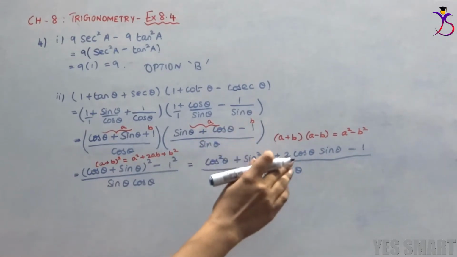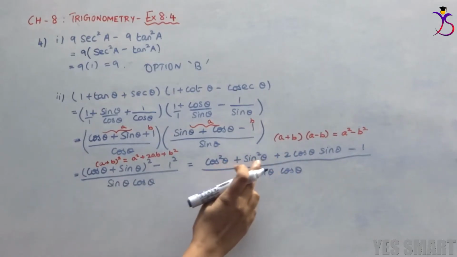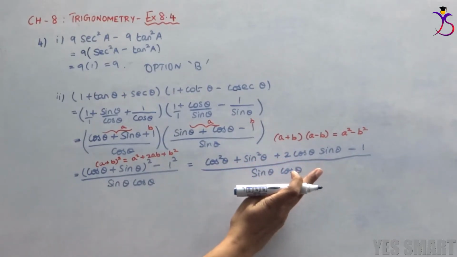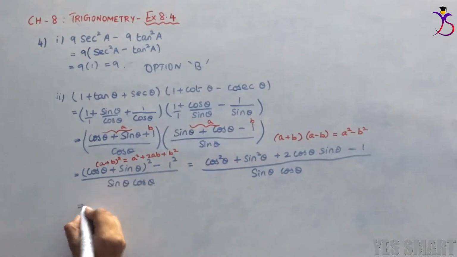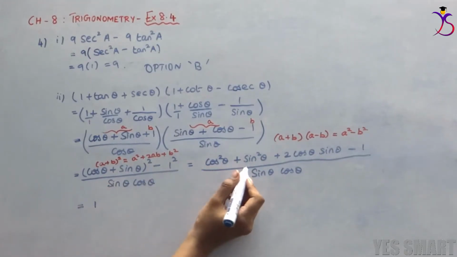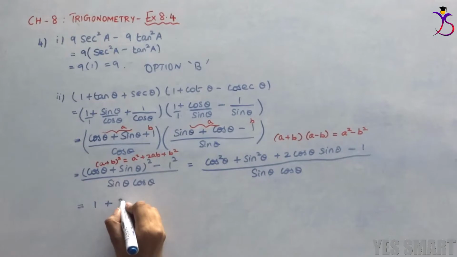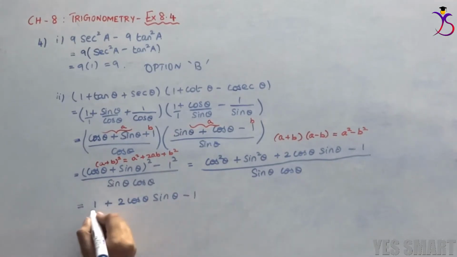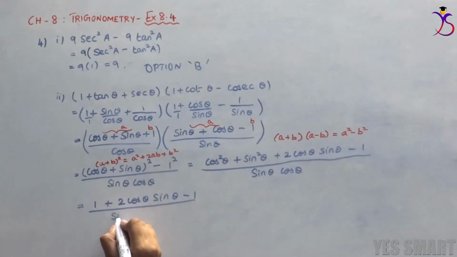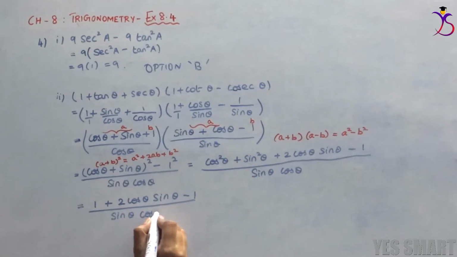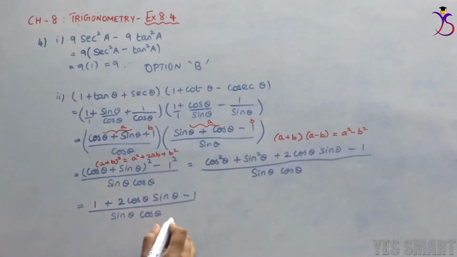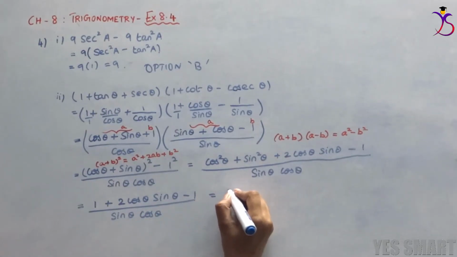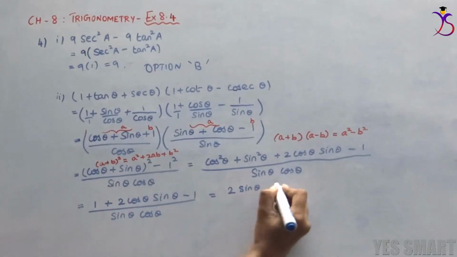Now on solving this, we know that cos square theta plus sin square theta is 1. So I am substituting 1 plus 2 cos theta sin theta minus 1, divided by sin theta cos theta. This plus 1 minus 1 gets cancelled, and we will have 2 sin theta cos theta.